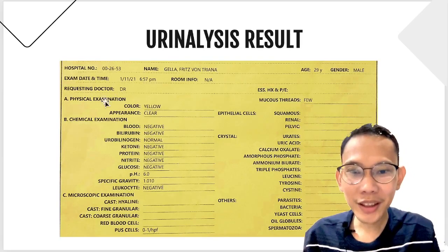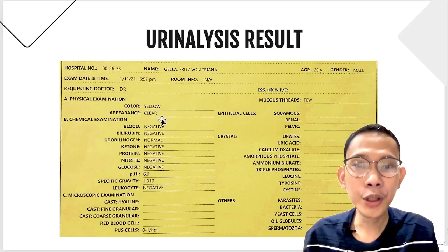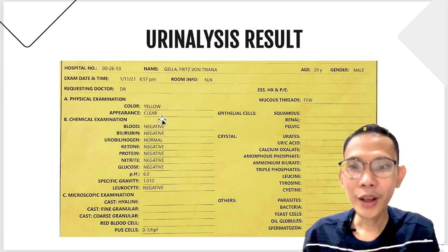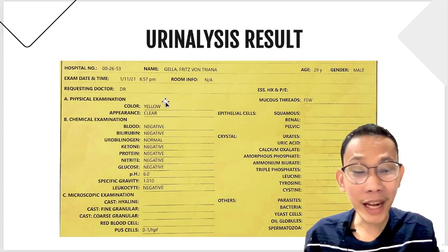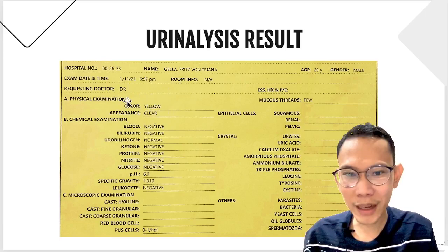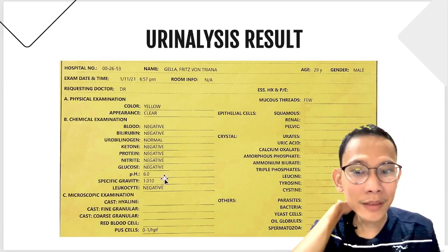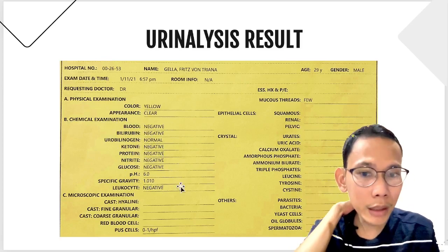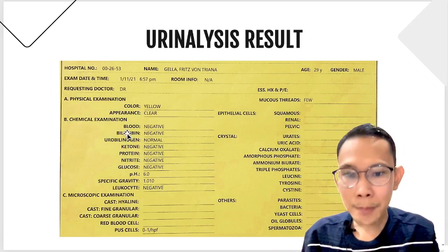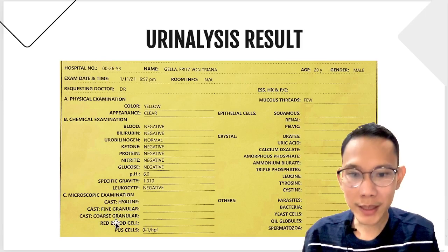So as a review, this is an example of your urinalysis report. You already know how to make a report in your physical examination, the color and the appearance. The chemical examination, you have already been discussed on how to make a correct report. And lastly, my task here is the microscopic examination.